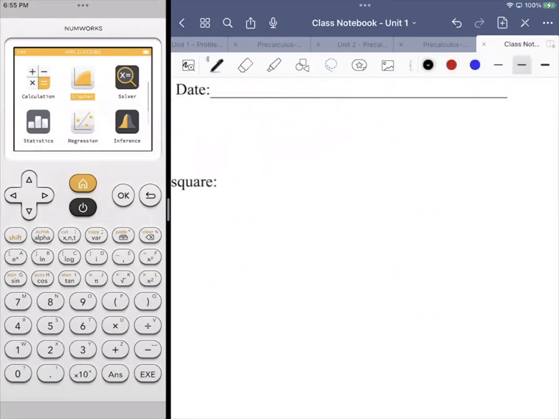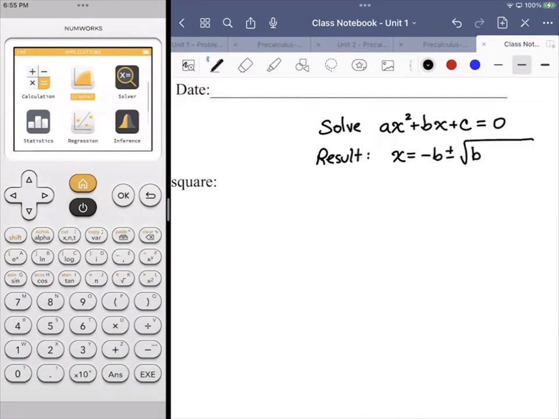If you were to solve, and I'm not going to ask you to do this, ax squared plus bx plus c equals 0, the result would be x equals negative b plus or minus the square root of b squared minus 4ac all over 2a.